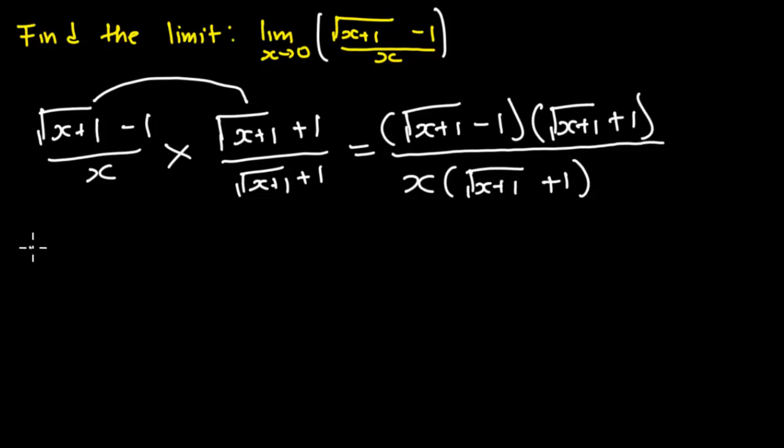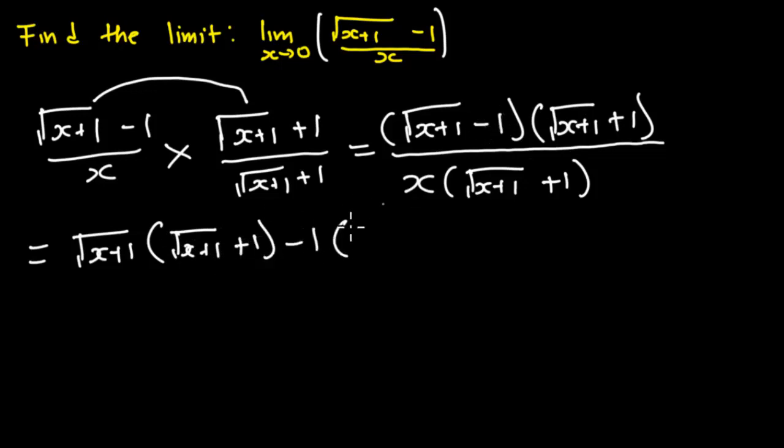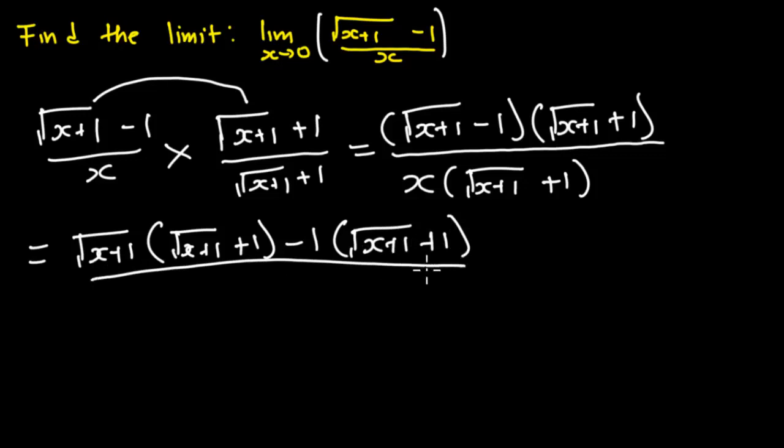Now you can express the numerator as the square root of x plus 1 multiplying the square root of x plus 1 plus 1, and then we are going to have minus 1 multiplying the square root of x plus 1 plus 1, all over x multiplying the square root of x plus 1 plus 1.